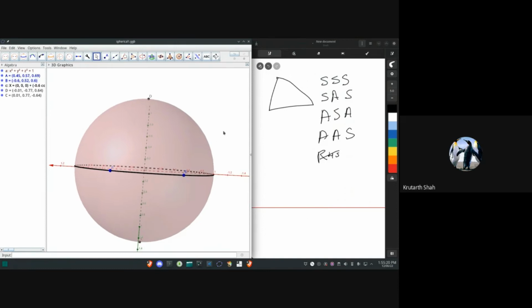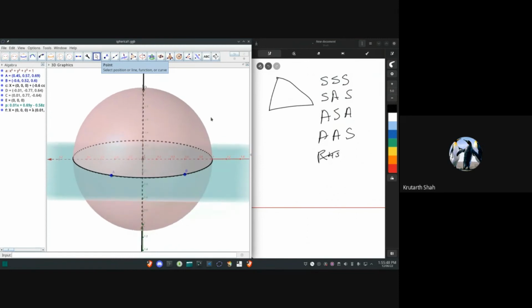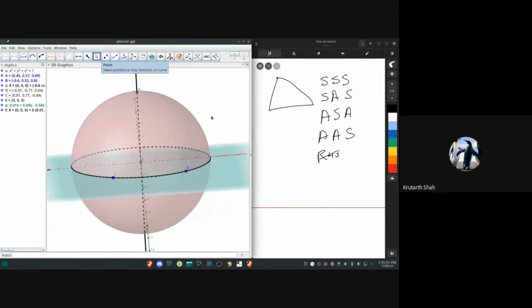You can think of poles as the north and south pole of the equator. Formally speaking, you consider the plane passing through A or B, the great circle, and then you consider the line perpendicular to the plane passing through the center. The points where it meets the sphere are the poles.